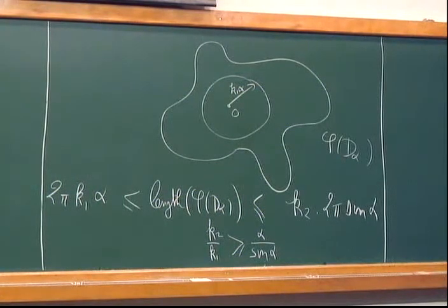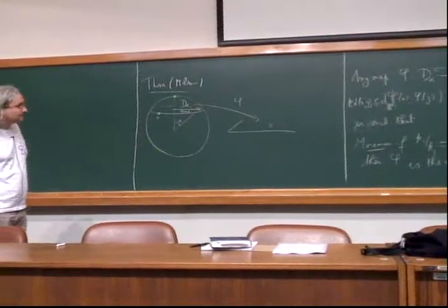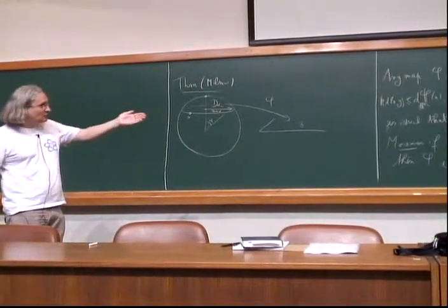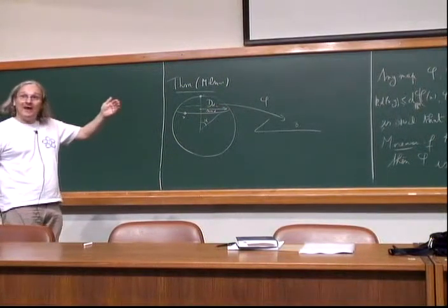Now let's look at the second part of the theorem. If we have k2 divided by k1 equal to alpha divided by sine alpha, we want to prove that this is indeed the exponential map. So we have to look at these inequalities and see what's happening when there are equalities.